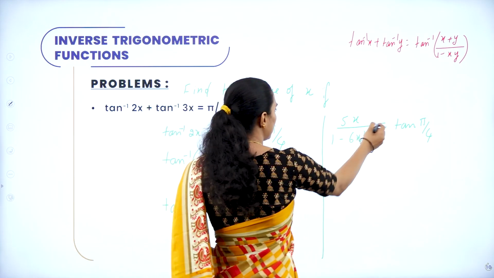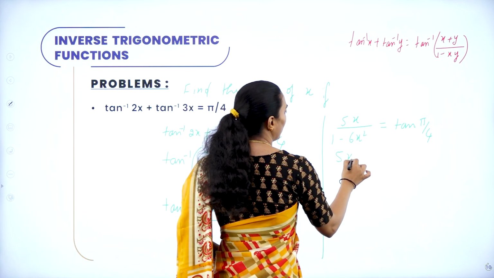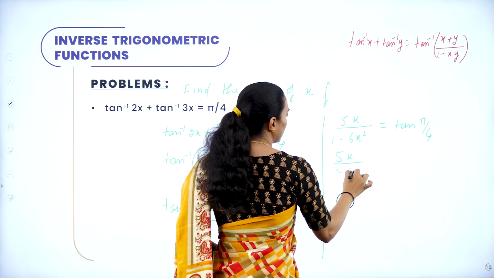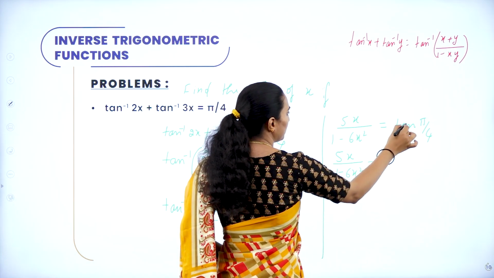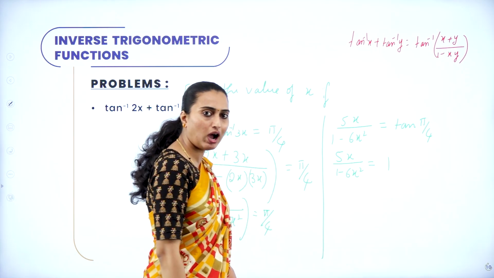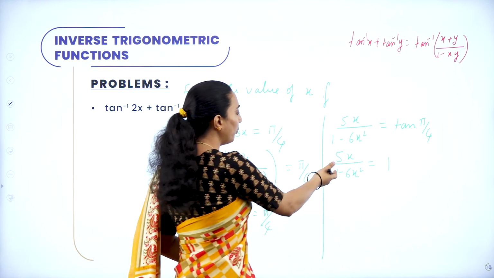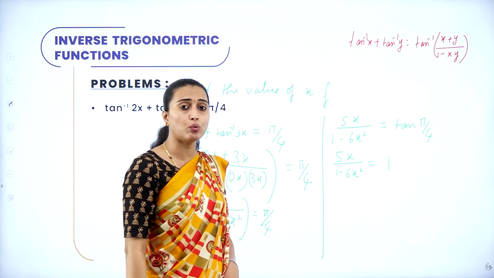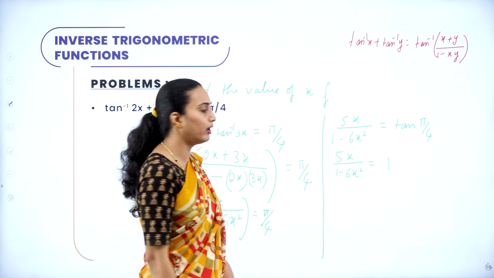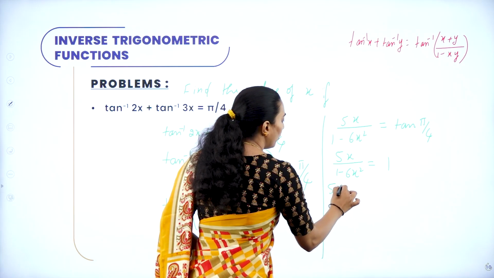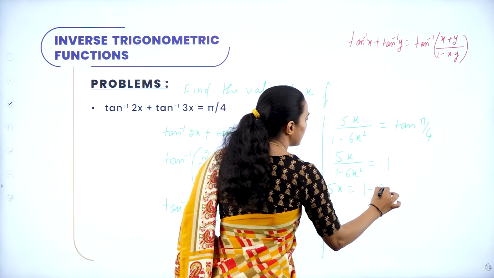So therefore you can substitute the value of tan pi by 4, your value is 1. Therefore shifting this denominator to the right hand side, 1 into 1 minus 6x squared is 1 minus 6x squared only. Therefore 5x will be is equal to 1 minus 6x squared.